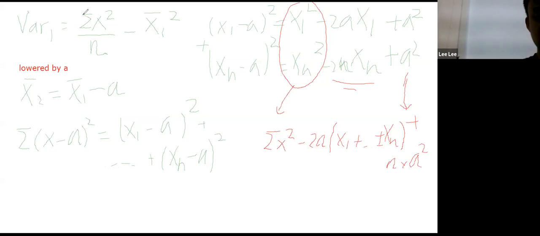So now, pay attention to the formula. I'm just explaining the sigma x minus a squared. Whatever I get here, I have to replace it with this, and I have to divide by n again. So when I want to find the variance too, I get sigma x minus a squared over n, because I lowered by a, minus x bar 2 squared.